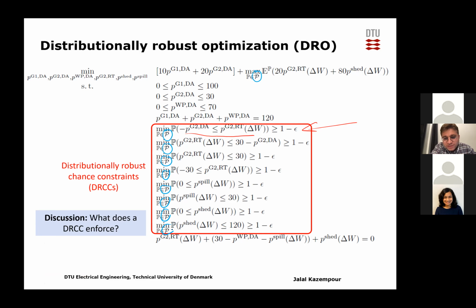We assume the same ambiguity set everywhere. But what about this P? Do we have a unique P everywhere? Or do you think that P for different DRCCs and for the objective function might be different? Do we have a unique worst distribution everywhere? Or might the worst distribution for different chance constraints and for the objective function be different?